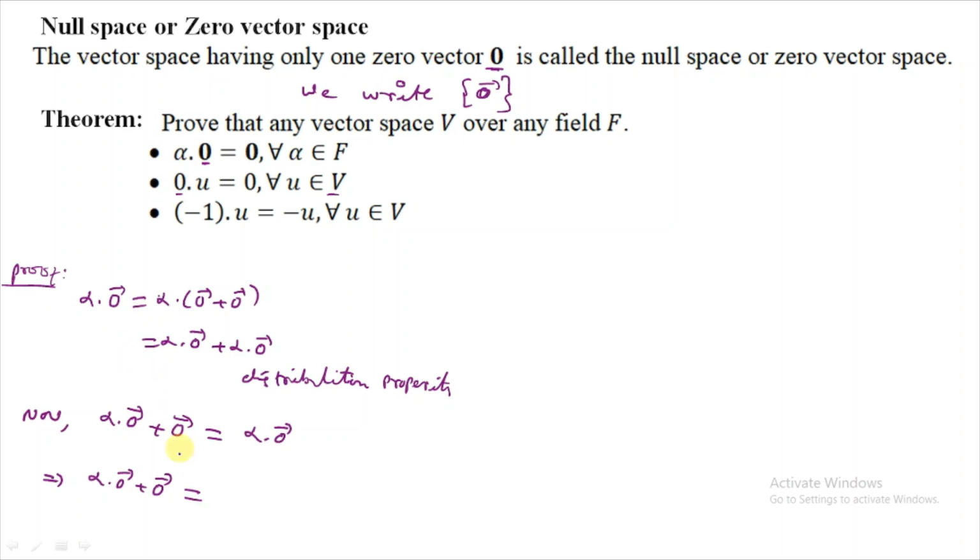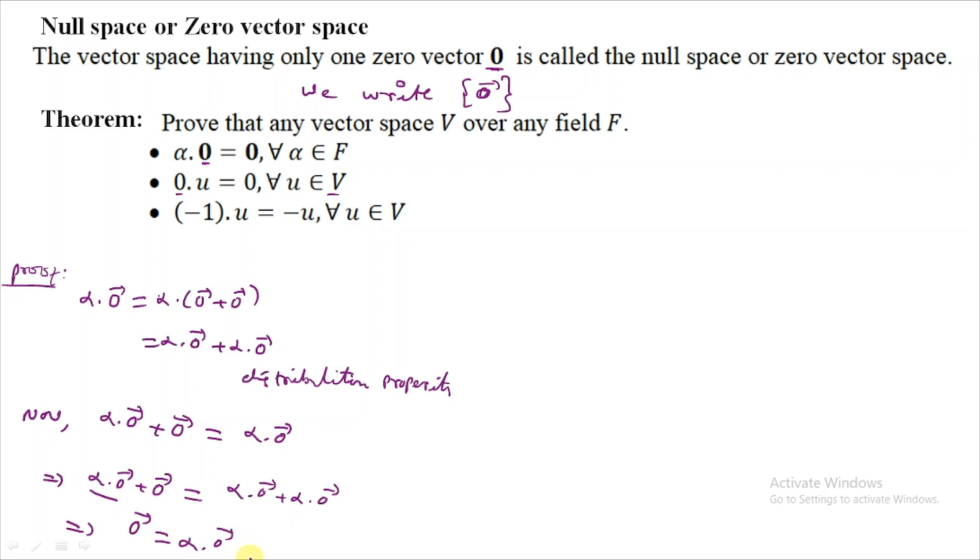From this, alpha dot 0 equals alpha dot 0 plus alpha dot 0. By the cancellation law, this is the left cancellation law. That means 0 vector equals alpha dot 0. Or you can take 0 plus alpha dot 0 to get alpha dot 0; in that case you get the right cancellation law.